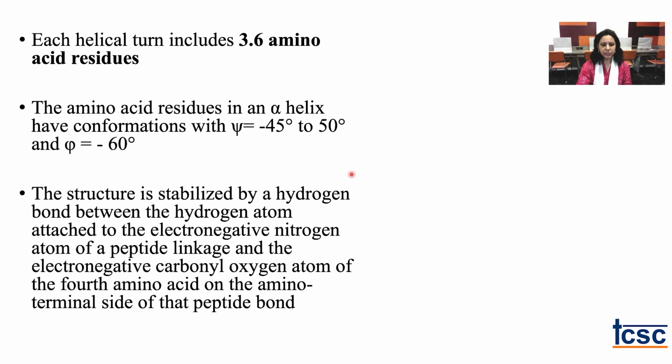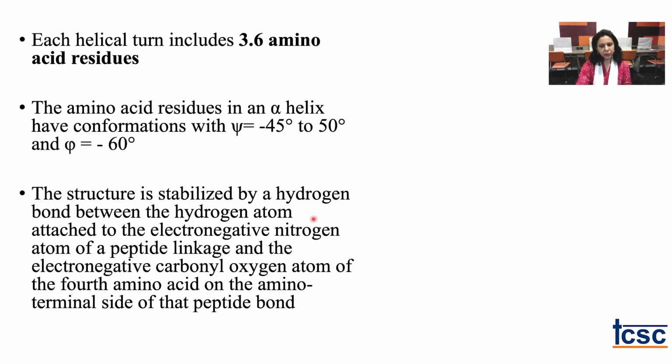Now, the reason why this entire structure remains stable, like it will not fall apart and it will still remain as a helix, is because of extensive hydrogen bonding. The hydrogen bonding takes place between the oxygen of one amino acid and the hydrogen of another amino acid. These two amino acids are placed around 4 amino acids away from each other.